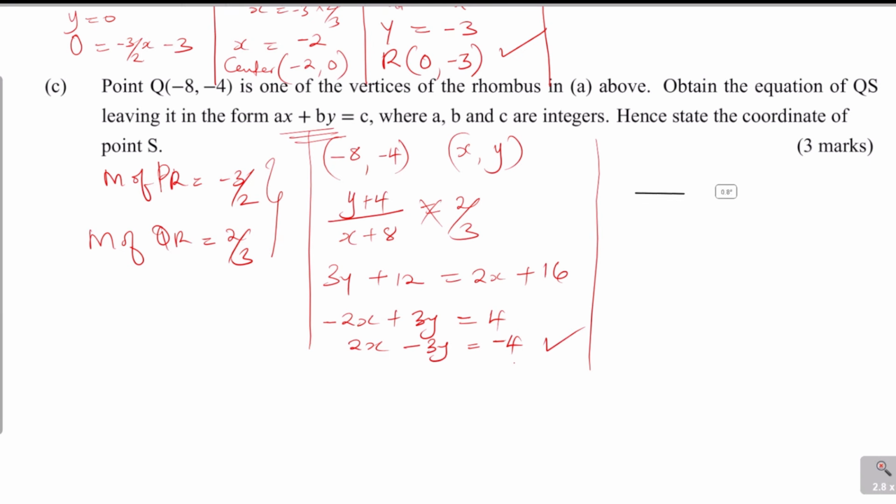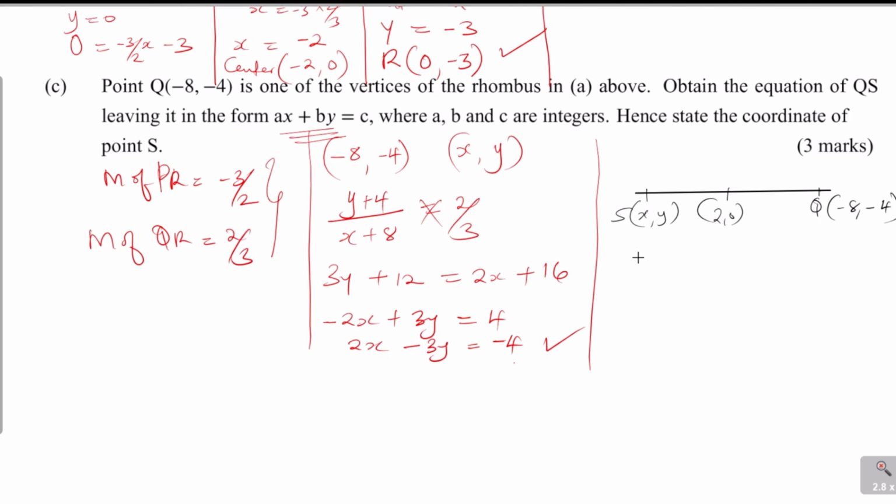You can see it. So we have the center, we have Q, we have S. We can let S be (x, y) because we don't know that. Then the center is (-2, 0), and then we have Q, Q is (-8, -4).